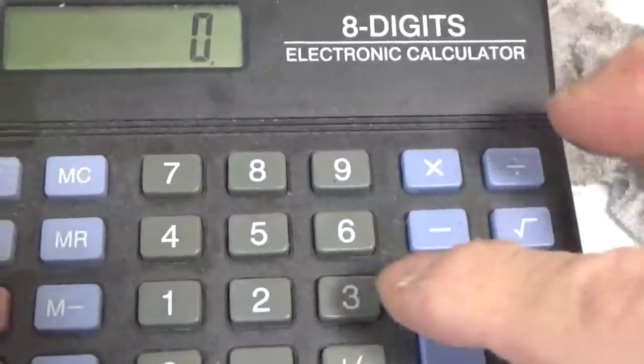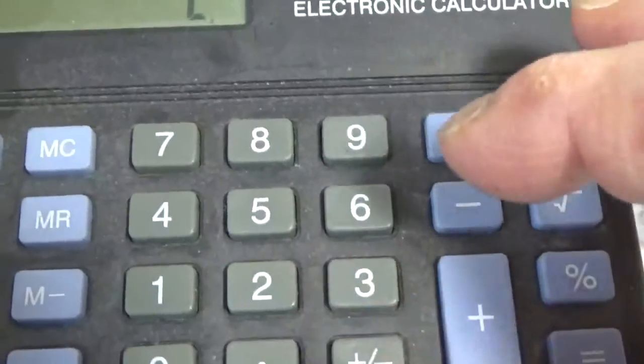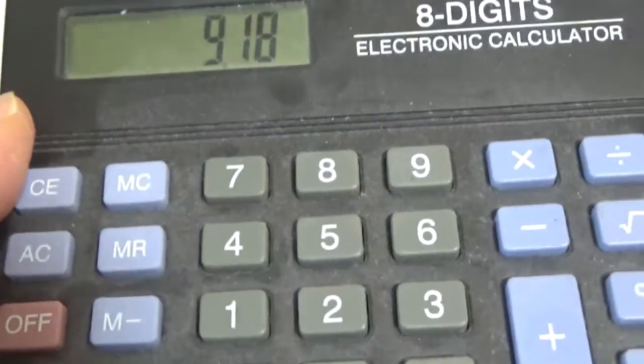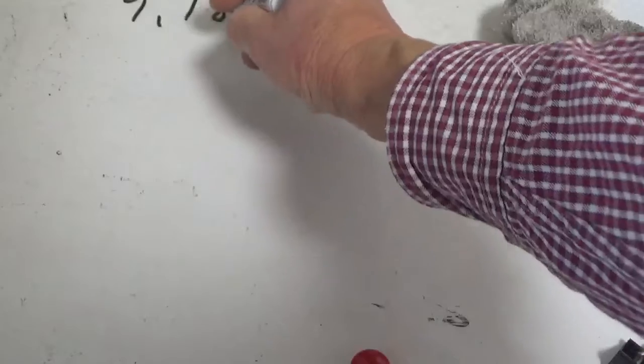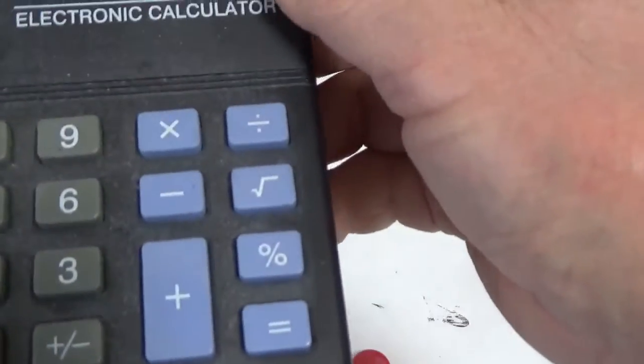The calculator sometimes makes mistakes, for example, 3.4 multiplied by 2.7 equals 9.18. But instead of multiplying, you may press plus.